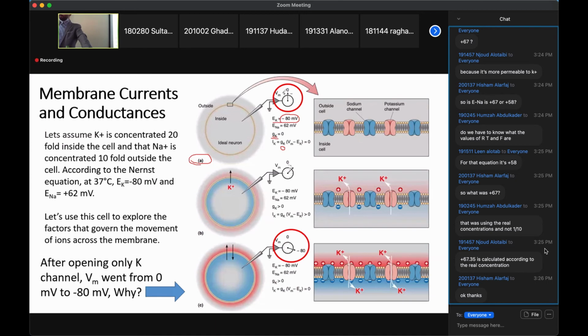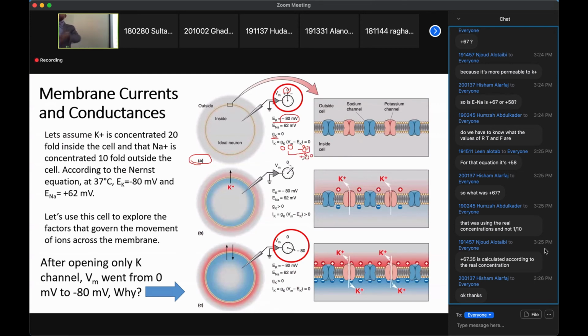The membrane potential is 0, as you can see here. And the equilibrium potential for potassium is what? Minus 80. Very good. So what is the ionic driving force in this case? Negative 80, then it would be positive 80. Very good. So it is positive 80.